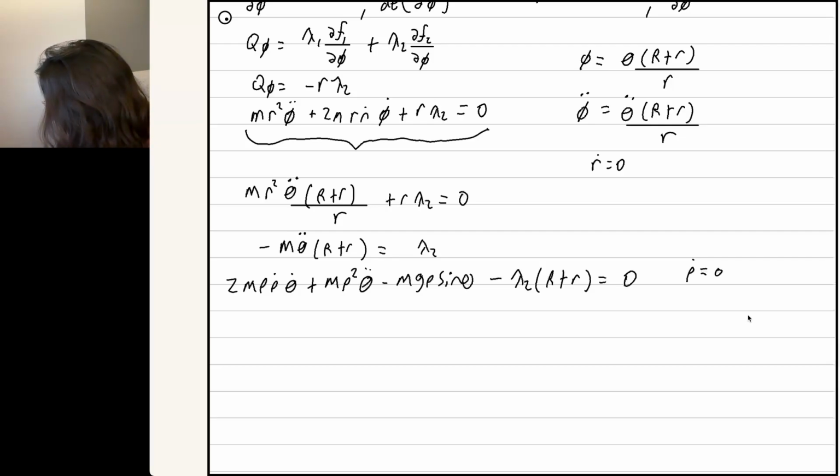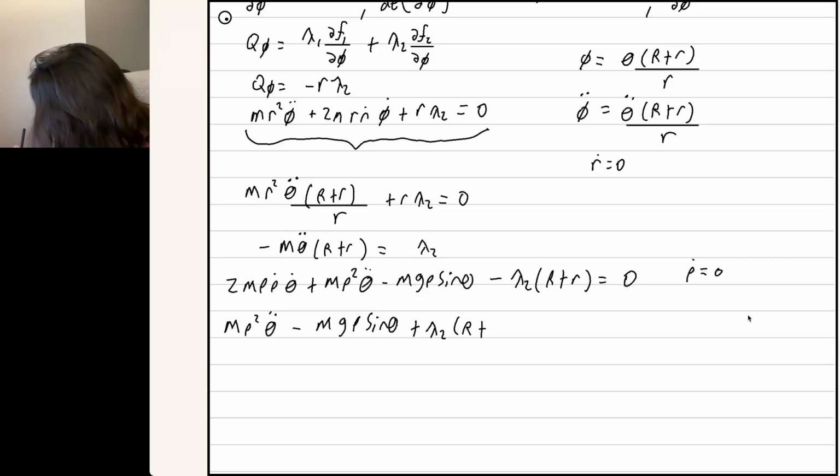You'll get m rho squared theta double dot minus mg rho sine theta plus lambda 2 (r plus r) squared times theta double dot m is 0.